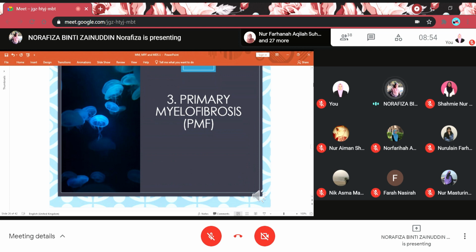This condition is characterized by build-up of scar tissue, fibrosis, in the bone marrow, and because of the fibrosis, the bone marrow is unable to make enough normal blood cells. So what happens? The shortage of blood cells causes many signs and symptoms of MF.